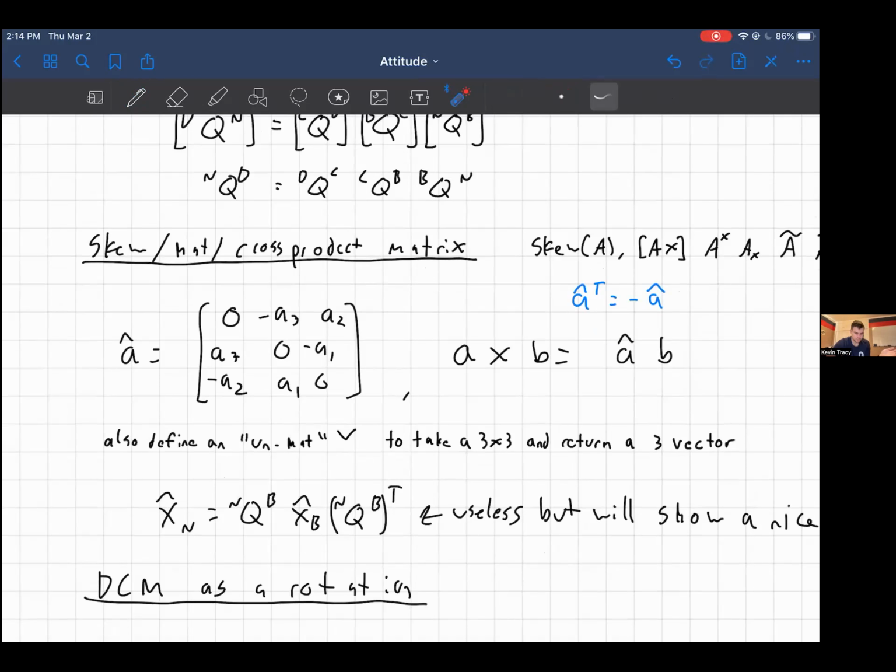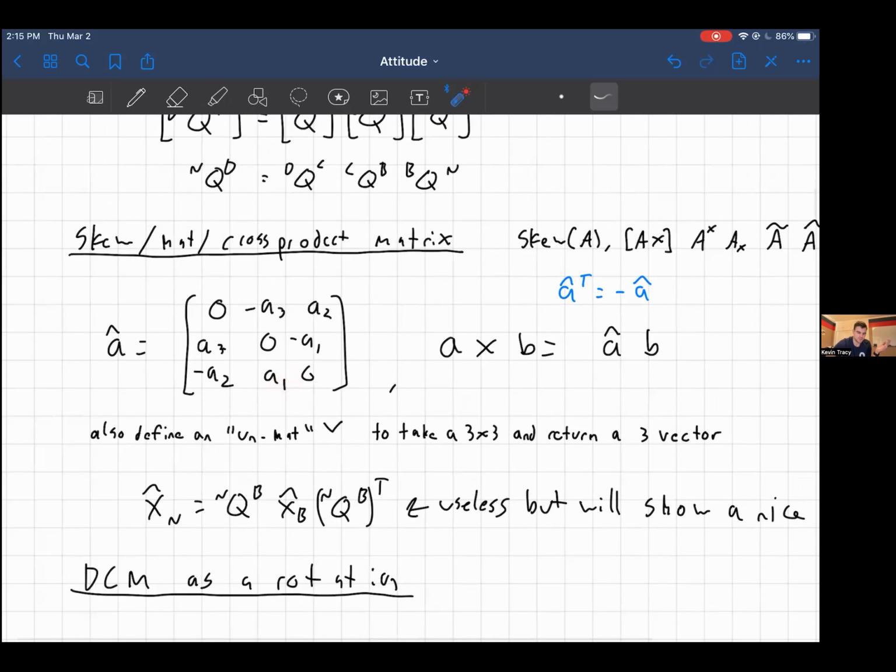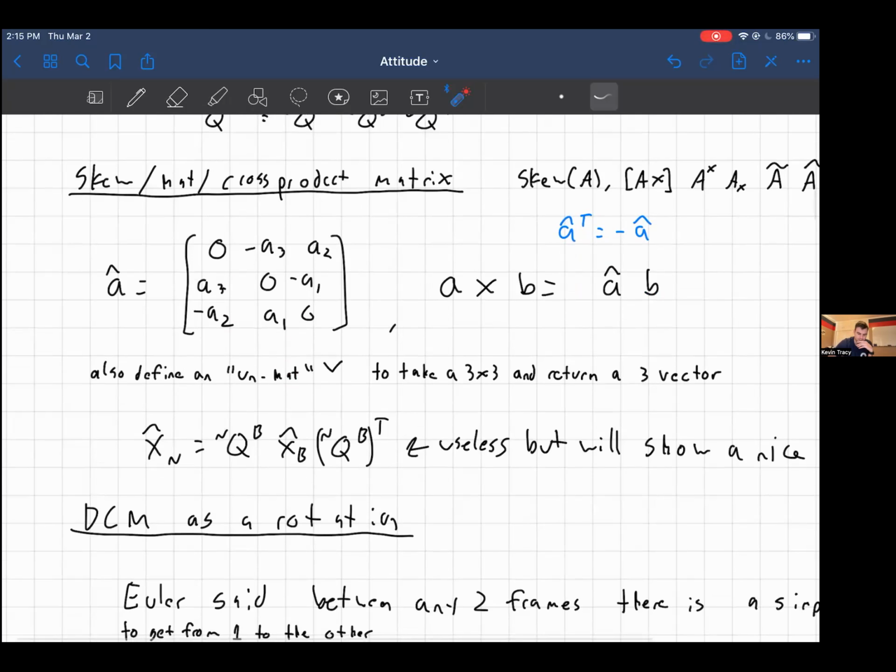Then we'll also define an unhat, which is a little less common, but all this will do is take a 3x3 matrix and pull out the individual components, A1, A2, A3. So if I give it my 3x3 skew symmetric matrix, it'll pull out the vector that created it. So this hat and unhat thing you'll see more commonly.